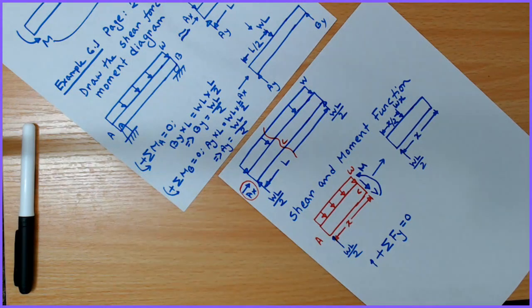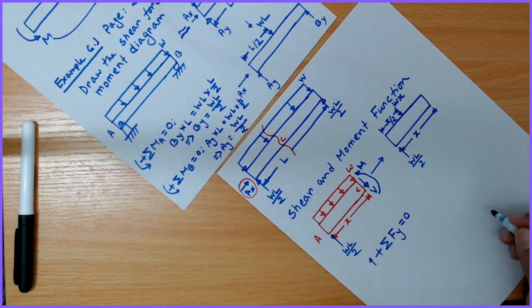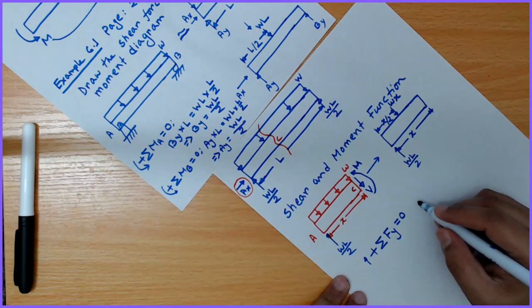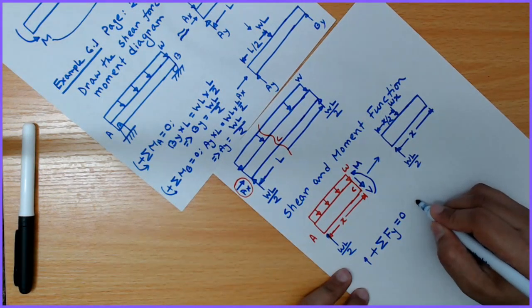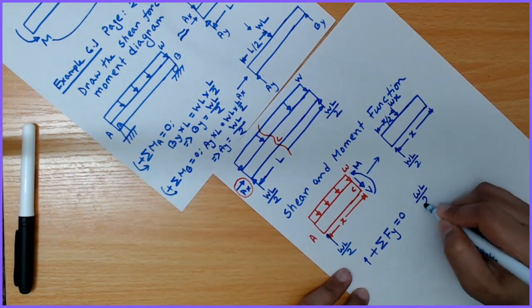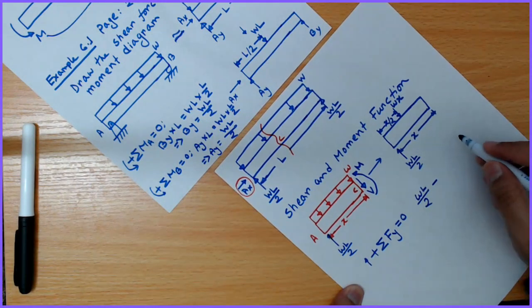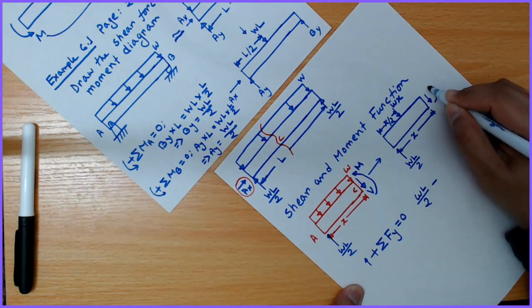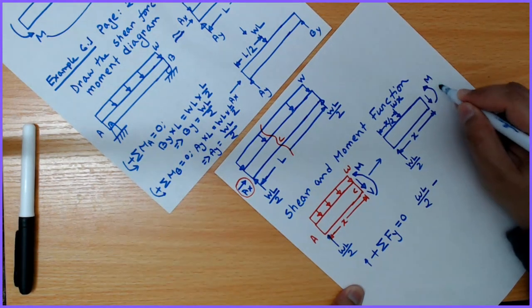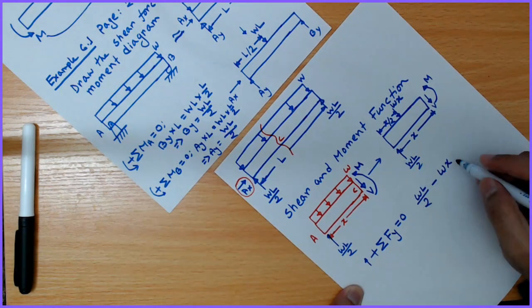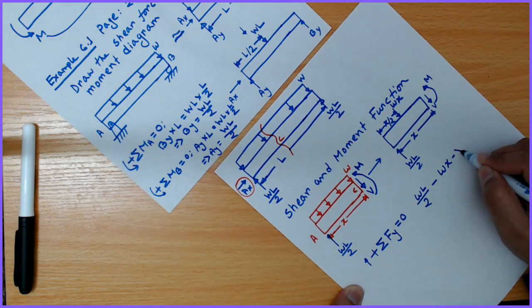Now WL by 2 is in the positive direction, and we have Wx in the negative direction and we have V in the negative direction, so it's going to be 0.